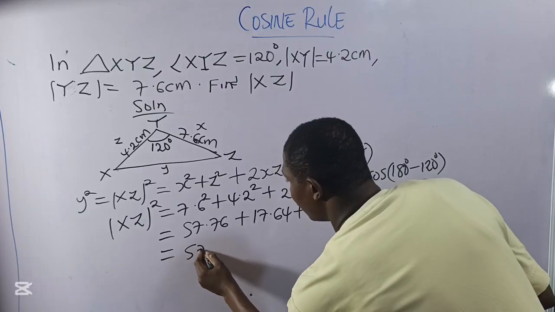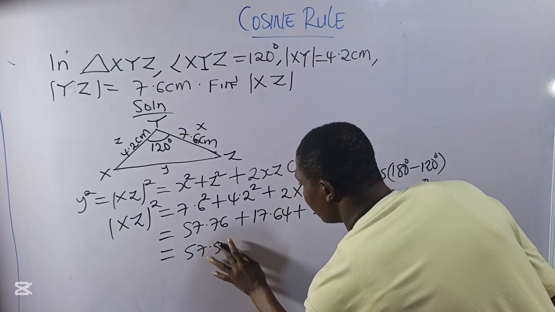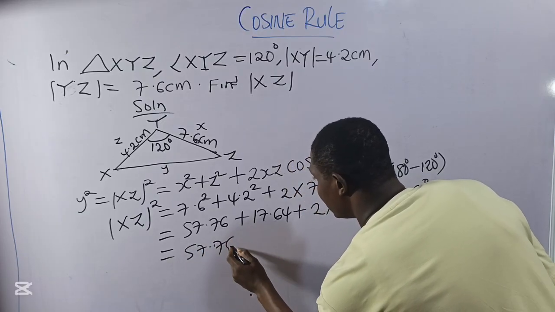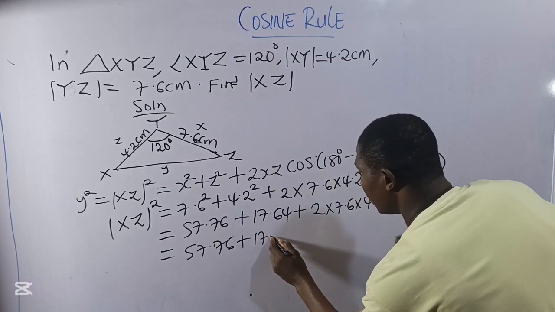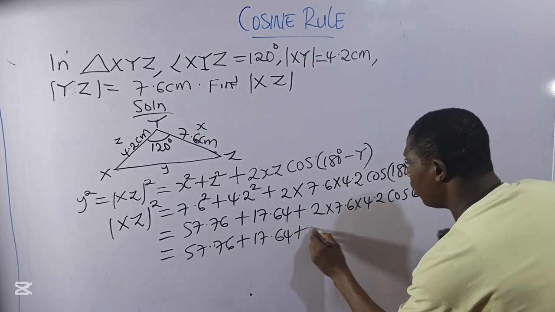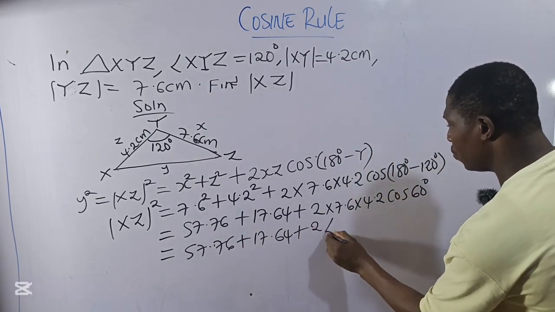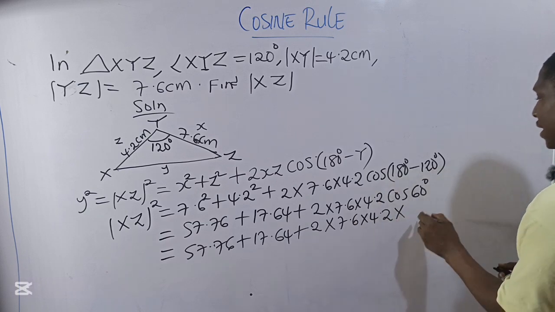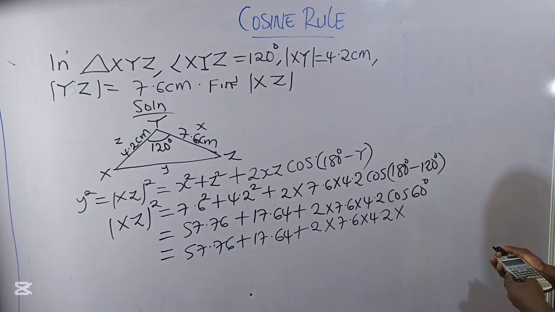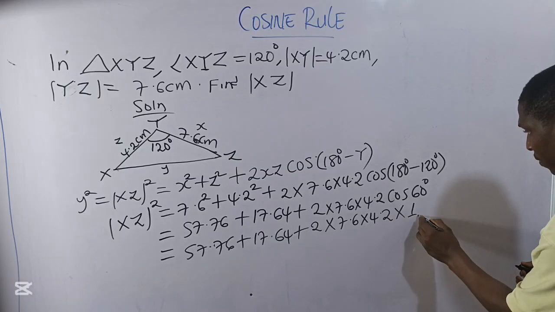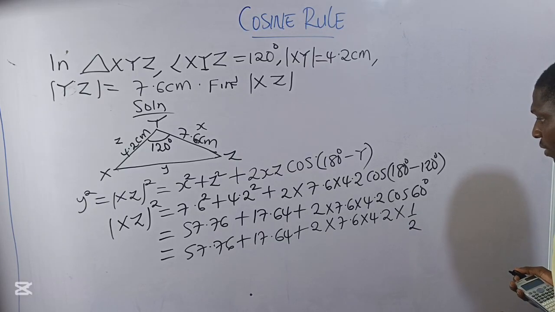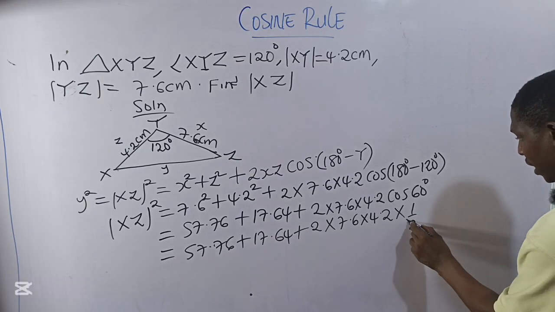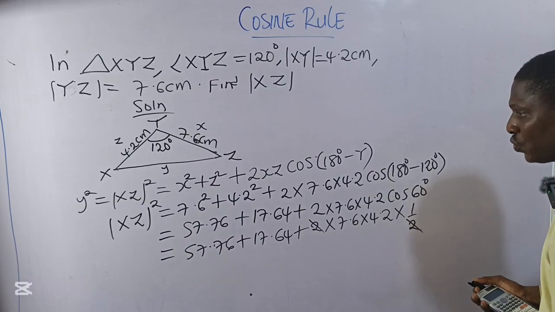And I'll have 57.76 plus 17.64 plus 2 times 7.6 times 4.2 times the value of cos 60. Take note, cos 60 is 1 over 2. And 2 can cancel 2.